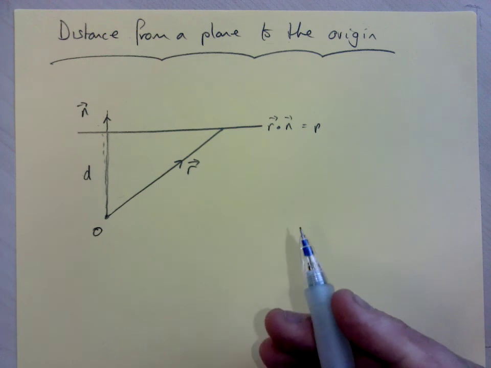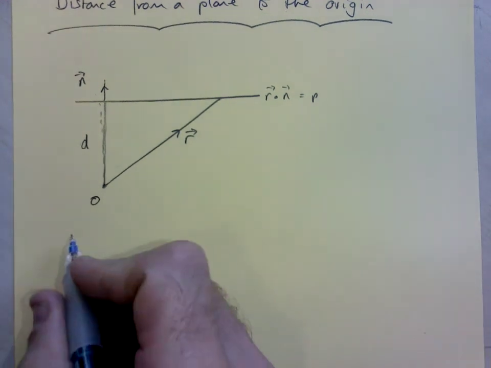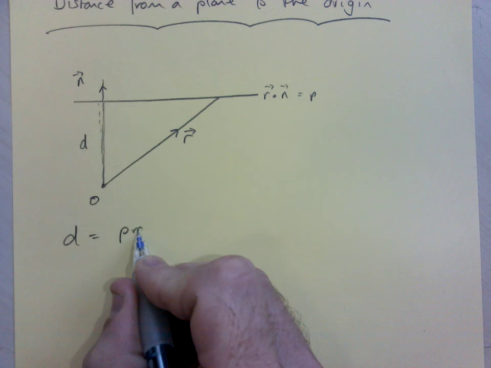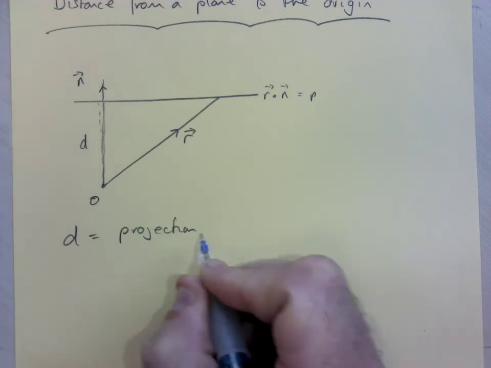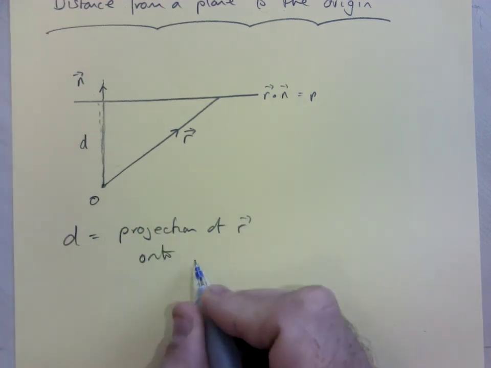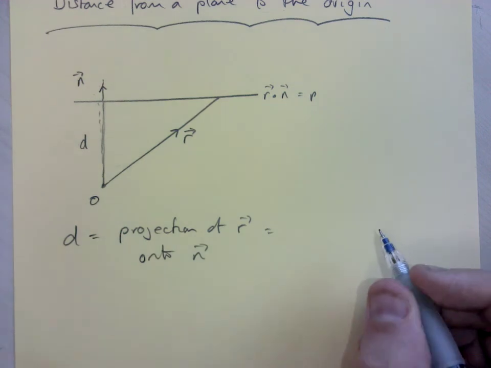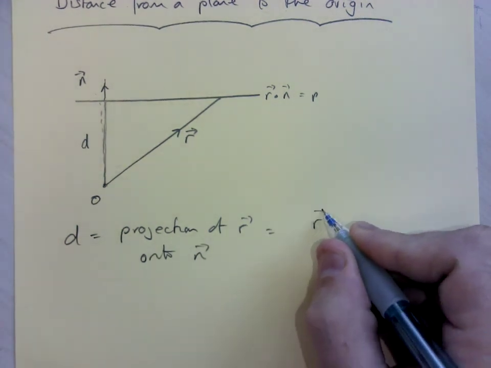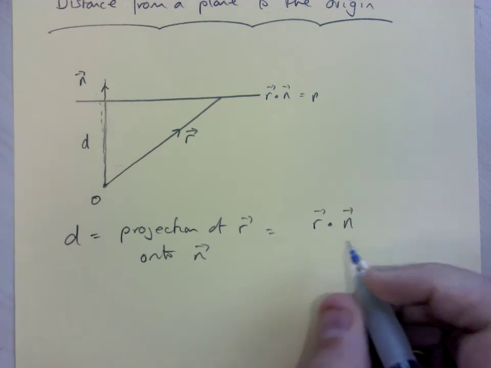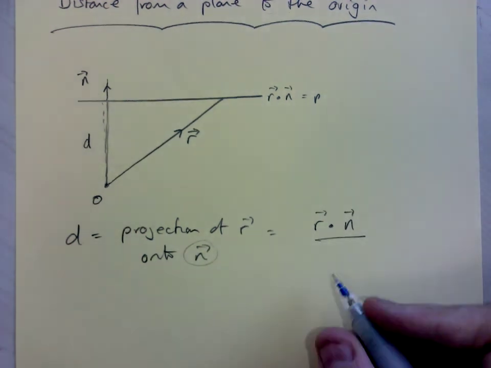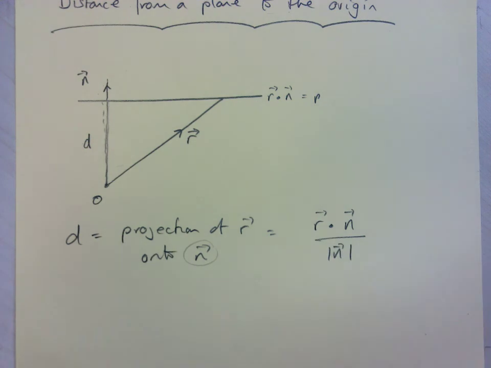the normal. So I can write quite easily d is equal to the projection of r onto n, which I also know is, project r onto n, it's r dot n divided by the magnitude of the vector you're projecting onto, divided by the magnitude of n.